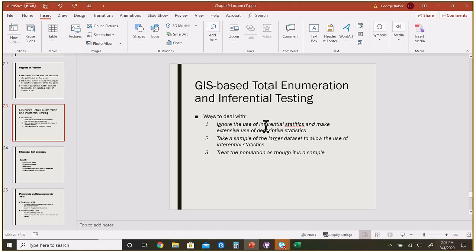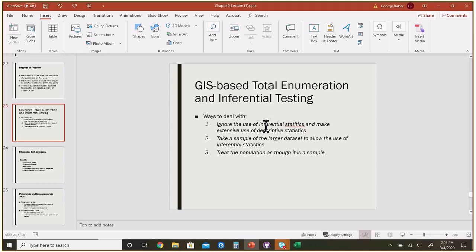So when we have data, whether it's census data or a land cover map, and if that census data covers our entire area, includes the entire set of the population, then sometimes there isn't a reason to do a hypothesis test. We just do descriptive statistics and say the amount of land cover in this area is this.